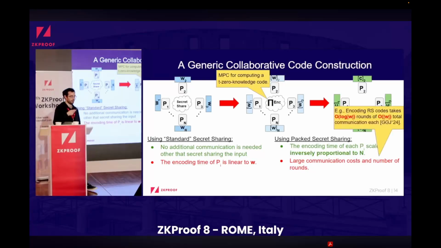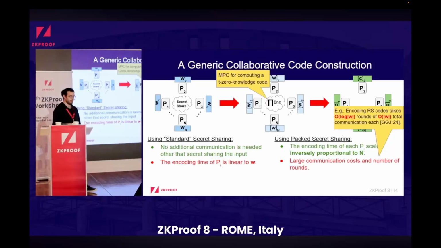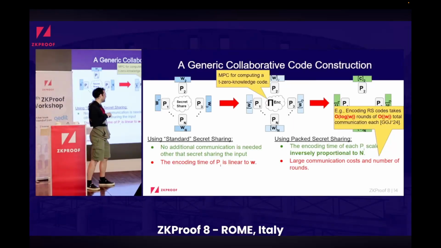For instance, if we use the best MPC protocol for scalable computing of a Reed-Solomon code, then the provers would have to communicate over log n rounds, and in each round they would send total amounts of data proportional to the total input size.